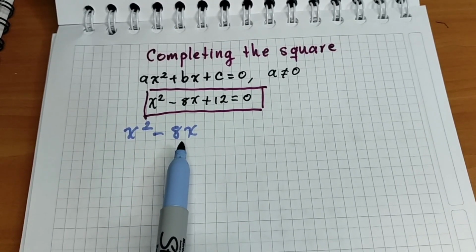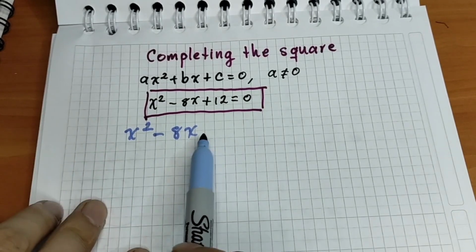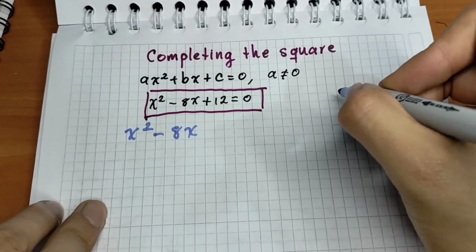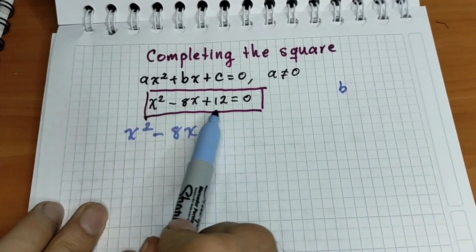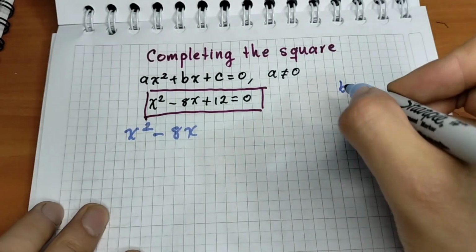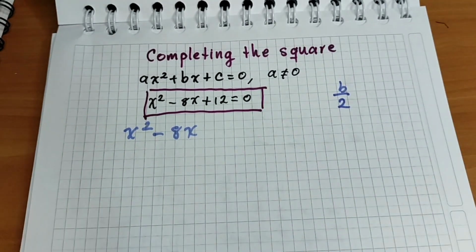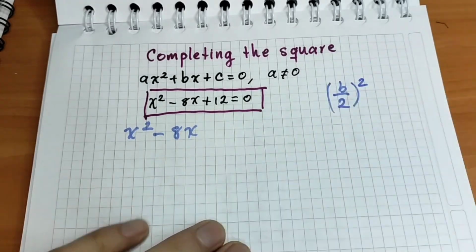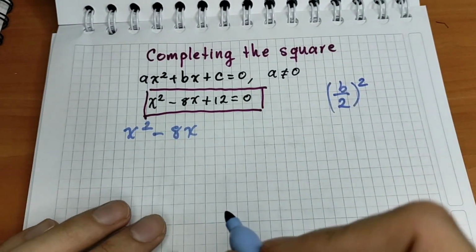How am I going to do that? The formula to find this element is b, which in this equation is -8, b divided by 2. And after we get this value, we square it to a power of 2. So that's what we're going to add here.